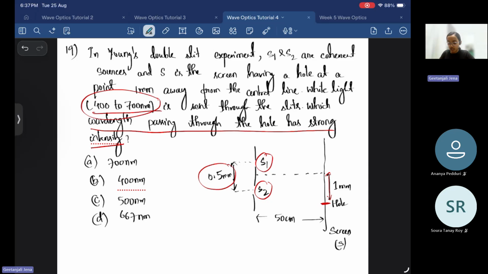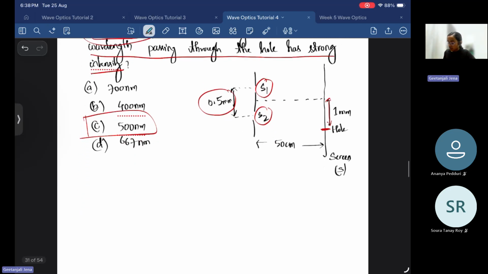Recall the path difference for Young's double slit experiment. From that, try to find the condition to get constructive interference at this hole point. Answer is C.